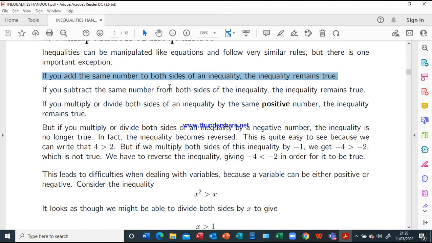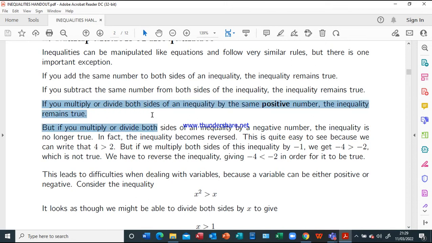When you also subtract, it's the same, but there is something that changes. Very important, note this. If you multiply or divide both sides of an inequality sign, note this one here. Let me highlight that again. If you multiply both sides of an inequality sign by the same positive number, the inequality remains the same.